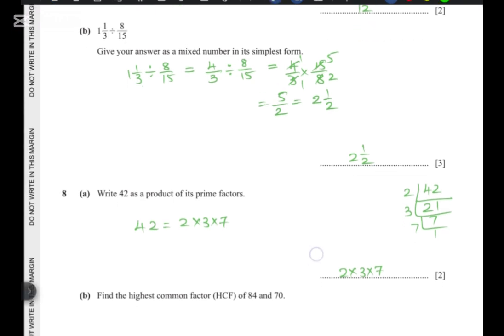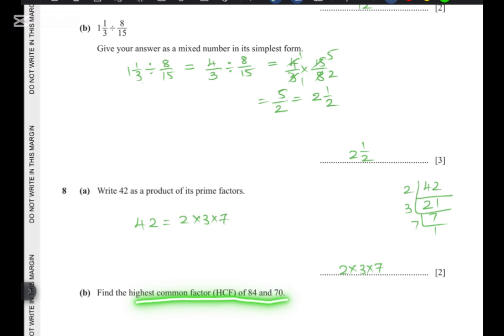8b. Find the highest common factor of 84 and 70.